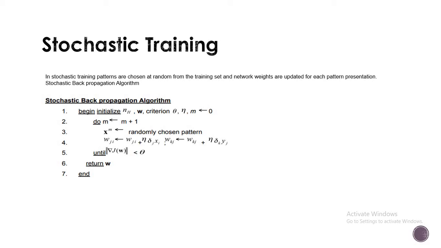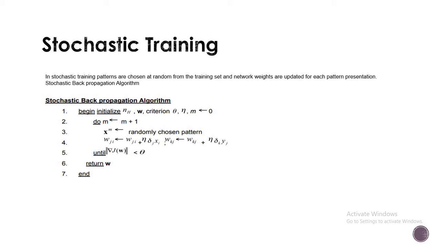First step, we begin initialization. Initialize n, H, w, criterion theta, eta, and m to 0. Second step, do m equal to m plus 1. Visualize that m is 0 in the beginning, and in the second step we do m equal to m plus 1. We are incrementing m.